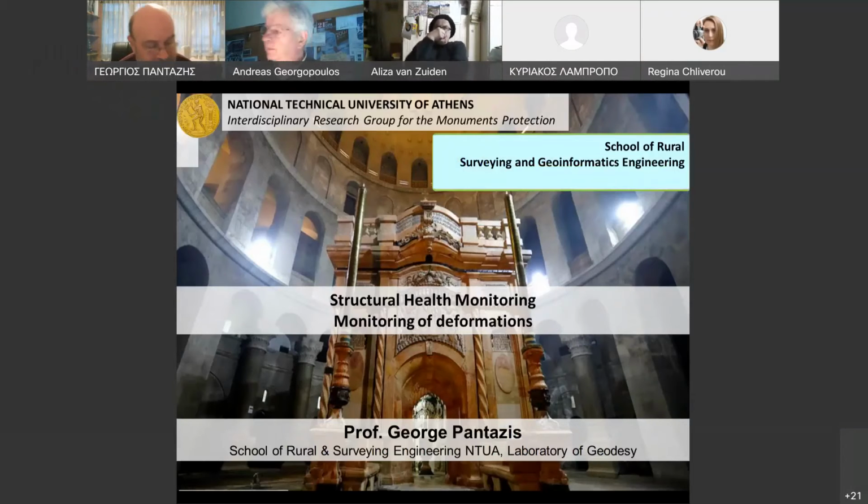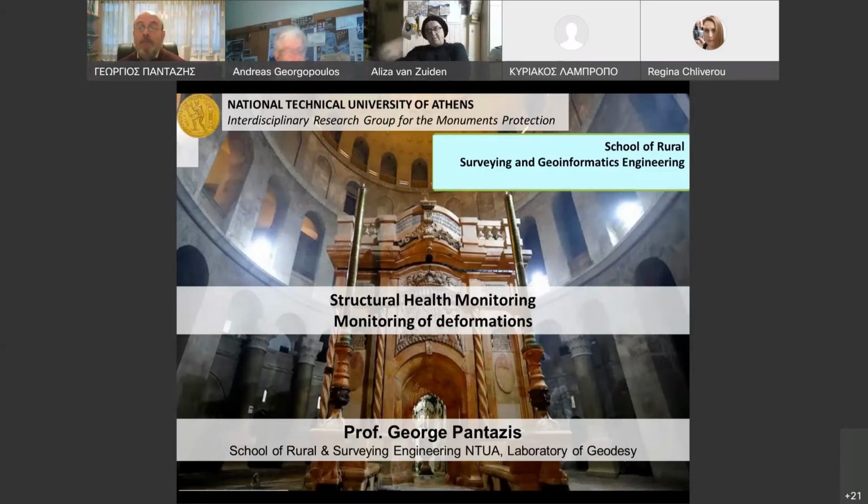And in this part, we can see something about the monitoring of deformation in the Holy Edicule during the works of the protection of this monument.